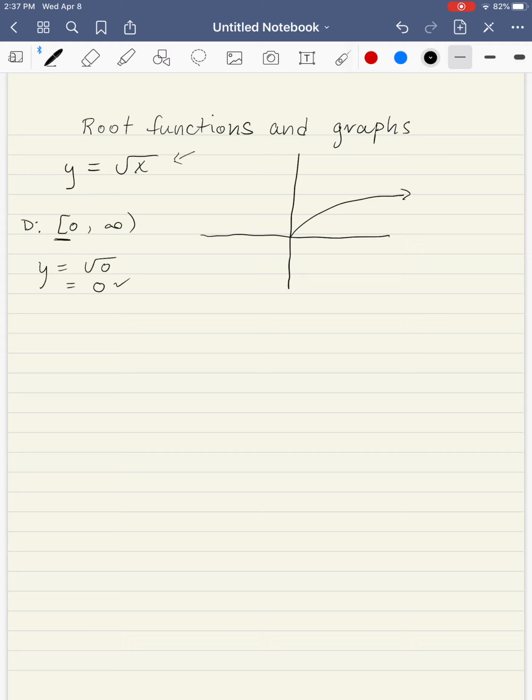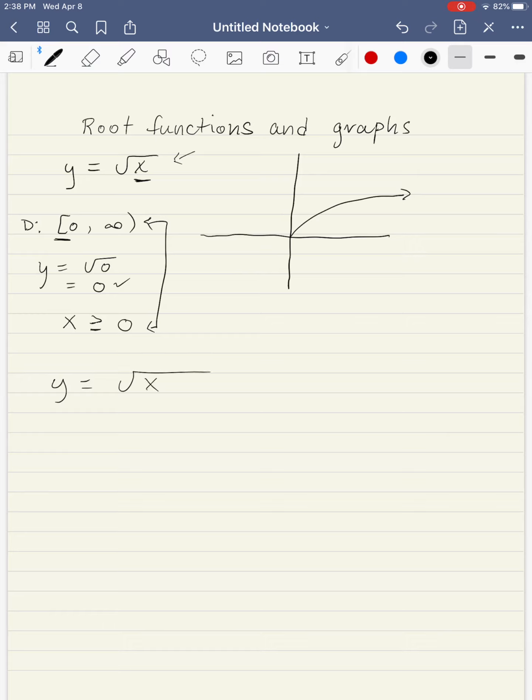So that means that 0 is included in our domain. If we look at the concept that the value of x has to be greater than or equal to 0 to have a real number square root, that gives us the same information.